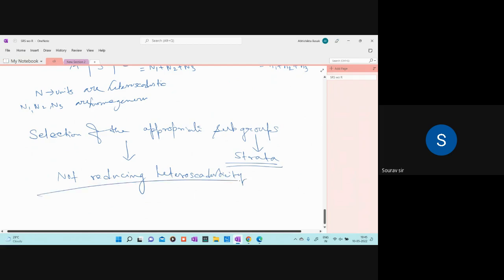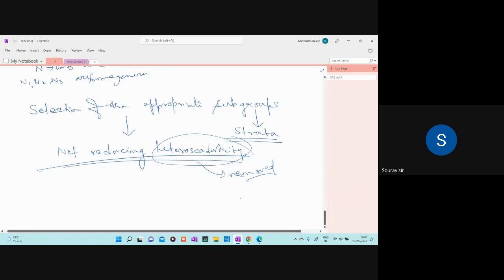So selection should be in a proper manner so that this heteroscedasticity is removed. If heteroscedasticity is removed, then only we can use this stratified sampling, because it is wholly based on homogeneous strata. So the selection of appropriate subgroups or strata is one of the major drawbacks of this stratified random sampling.